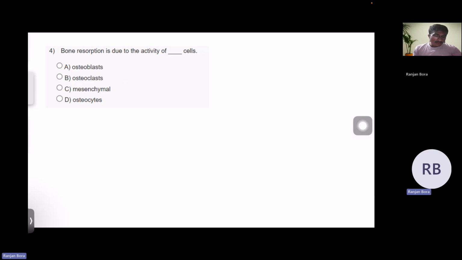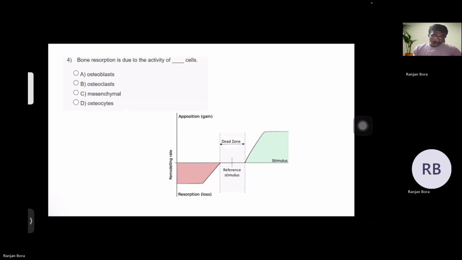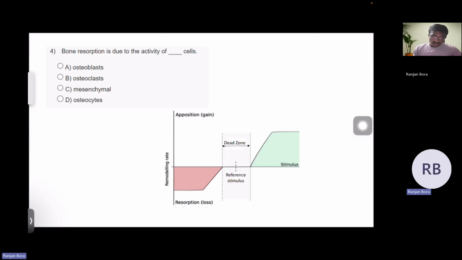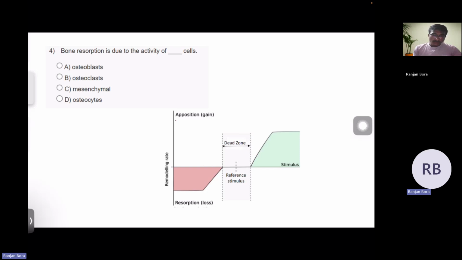Next question is bone resorption is due to the activity of dash cells. Again, in the remodeling phase, there are two types: one is bone apposition, which means the formation of bone or gain of bone, and one is bone resorption, in which there is loss of bone.